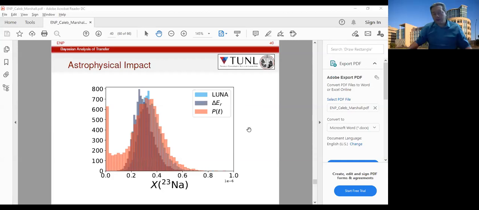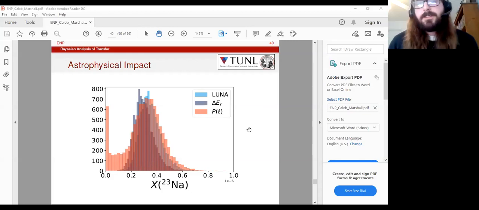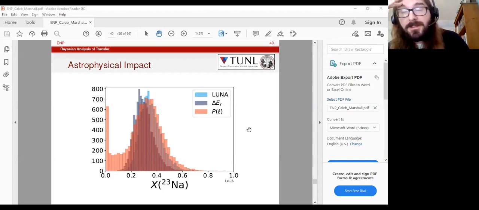I don't know if you've mentioned that already, but which partial width dominates the uncertainty, the proton or the gamma? So in this case, everything is made more complicated because the alpha channel is open.